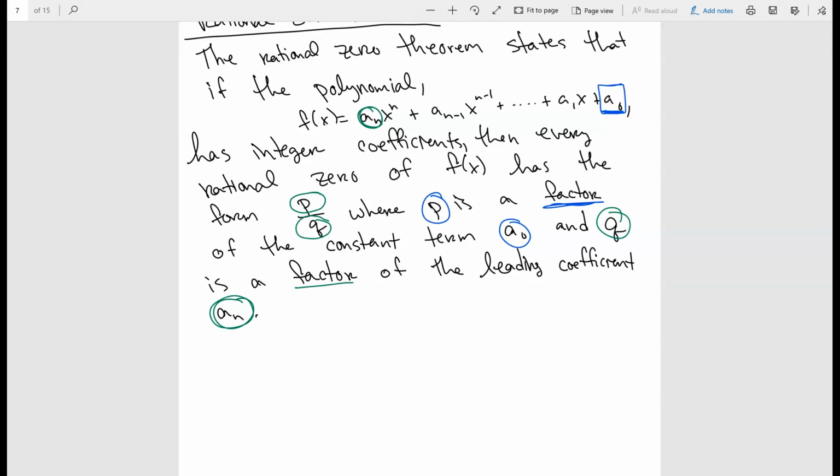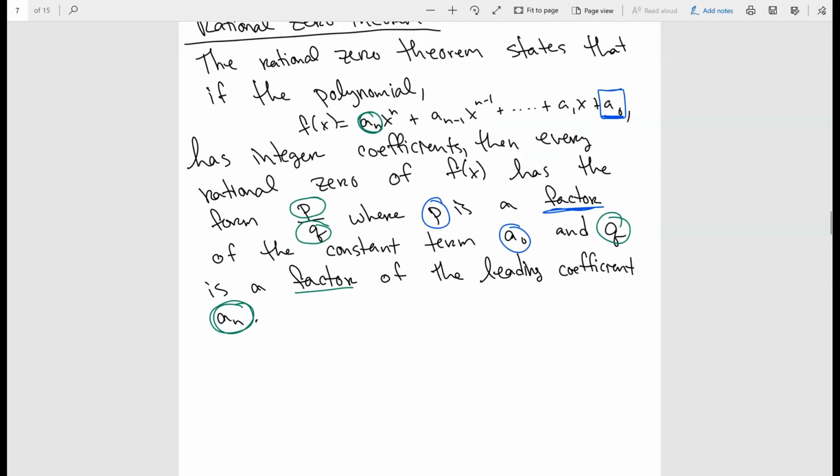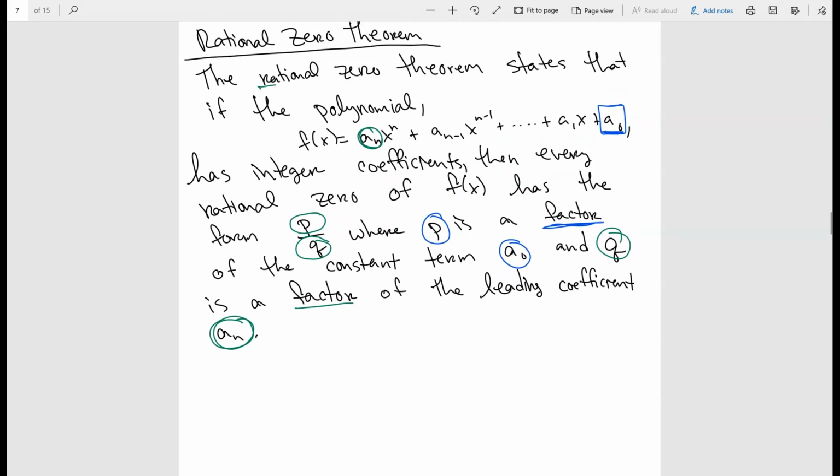This is not going to guarantee that you find all of the zeros, but you can find one, and then based on one, you can find the rest. Hopefully there will be one that exists.